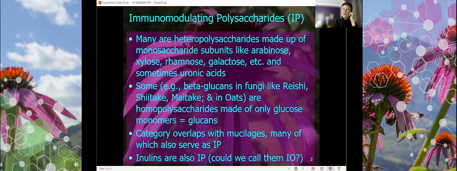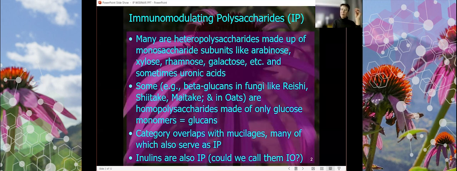Another subgroup is the beta glucans, and a lot of you have heard of beta glucans because they're famous in the medicinal mushrooms, and people are so interested in them now, and there's a ton of research being done on them, which is great. They are classified as immunomodulating polysaccharides, but they're different from heteropolysaccharides because they're made up of all the same kind of subunit.